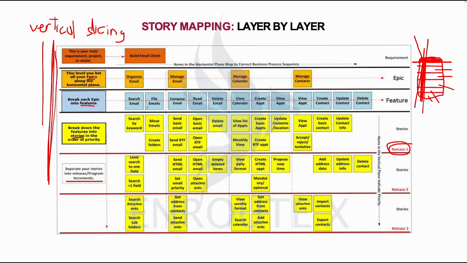After we've decomposed, we are now releasing in vertical slicing. What that means is that when we decide to release the first one, this is release 1. So the release 1 will contain all this.